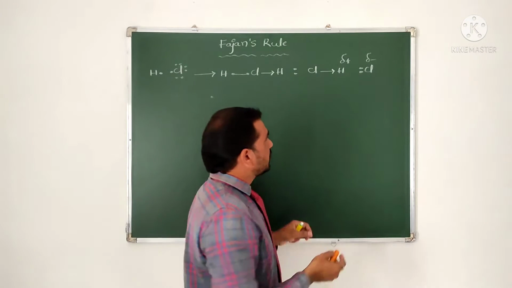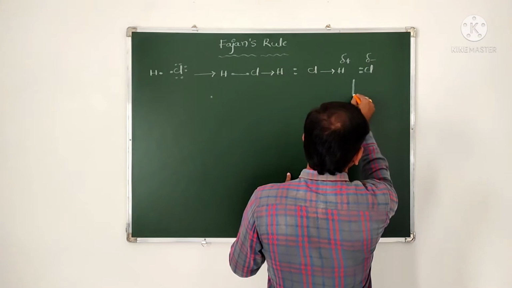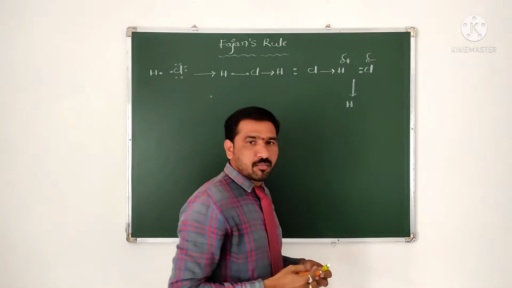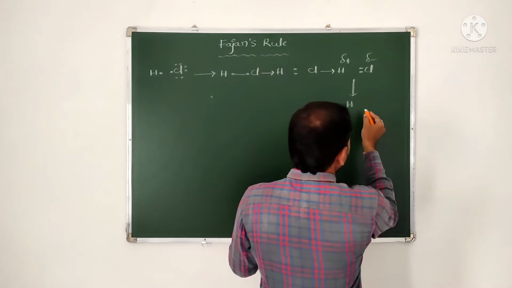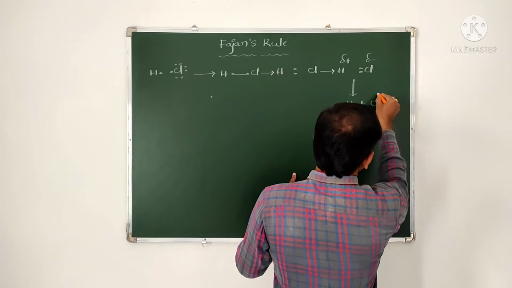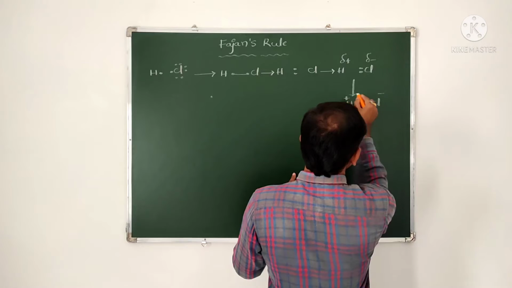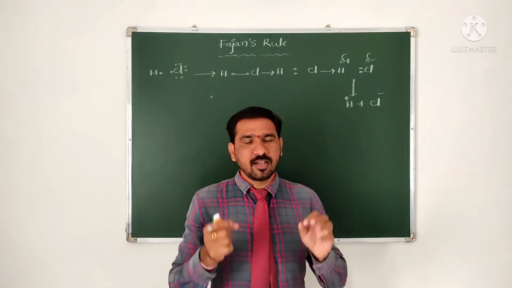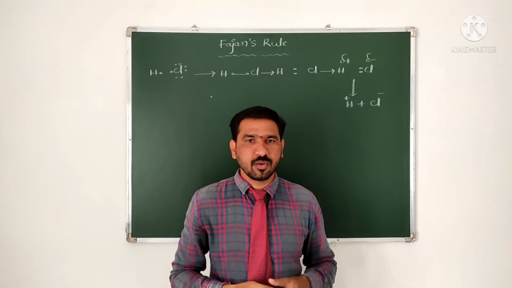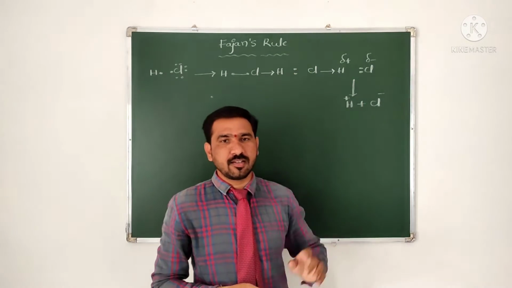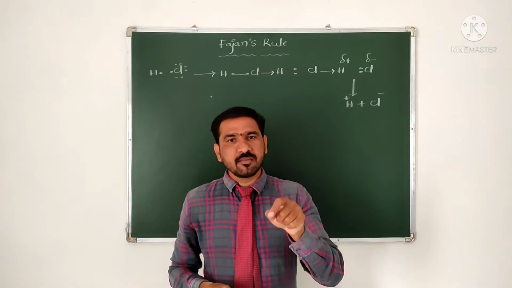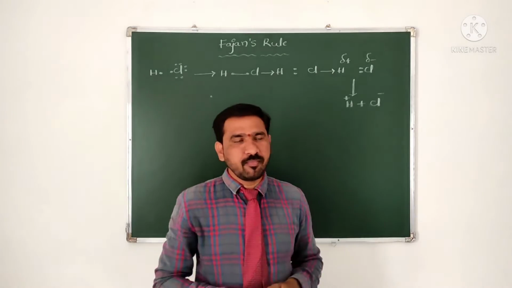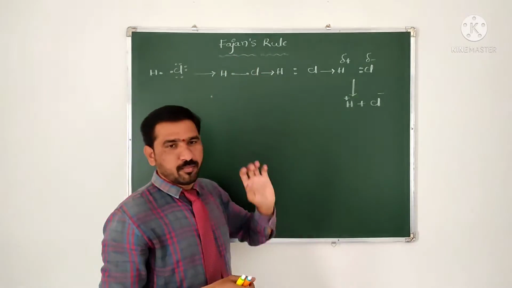Then after some time, the bond polarizes completely over the more electronegative atom, so it gets a complete negative charge, and the opposite one gets a positive charge. By this we get ionic character. Covalent bond is converted to ionic character. Like that, an ionic bond also has some covalent character. That phenomenon is explained by Fajan's rule.